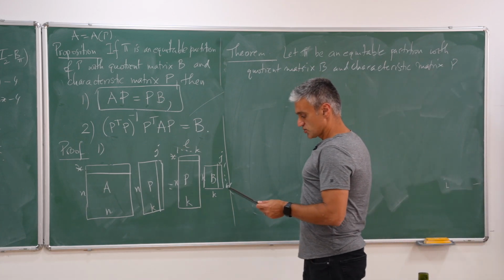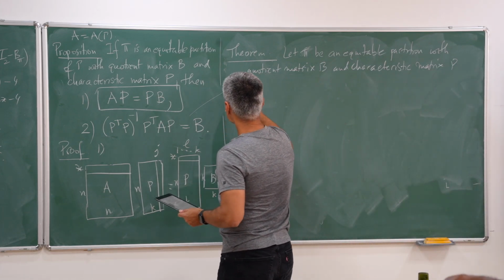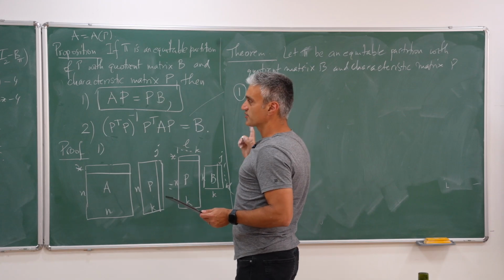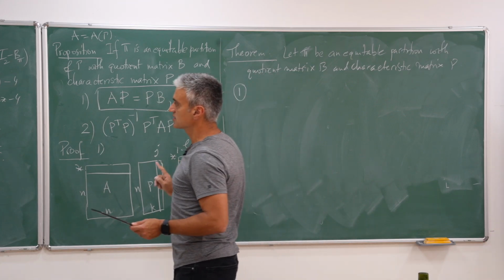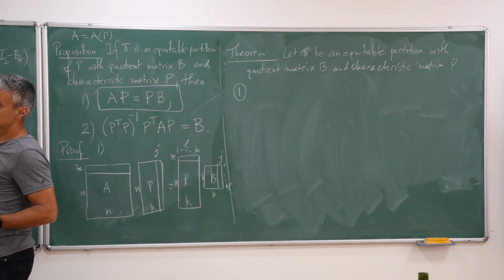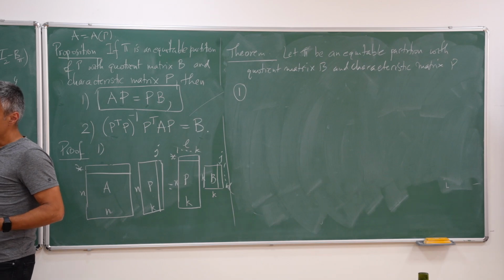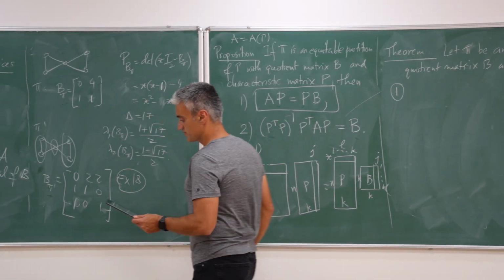So first, you can get eigenvectors of the big matrix easily from the eigenvectors of this matrix by doing something called a lift. Here's what I mean.